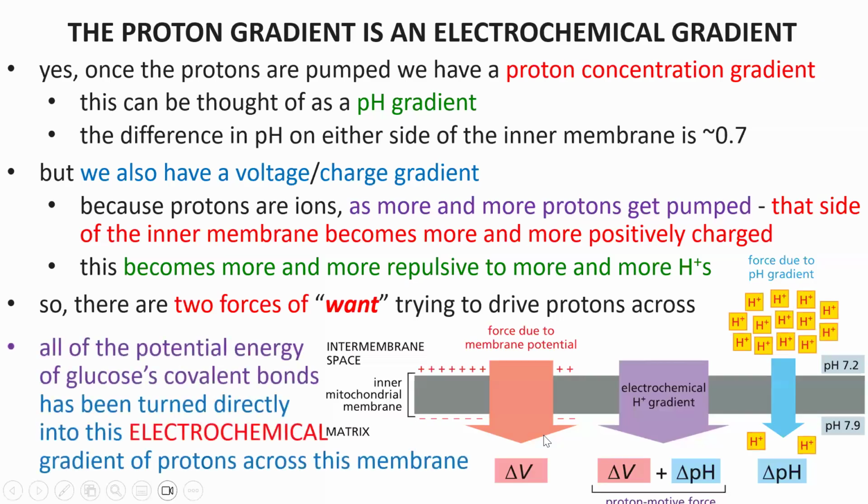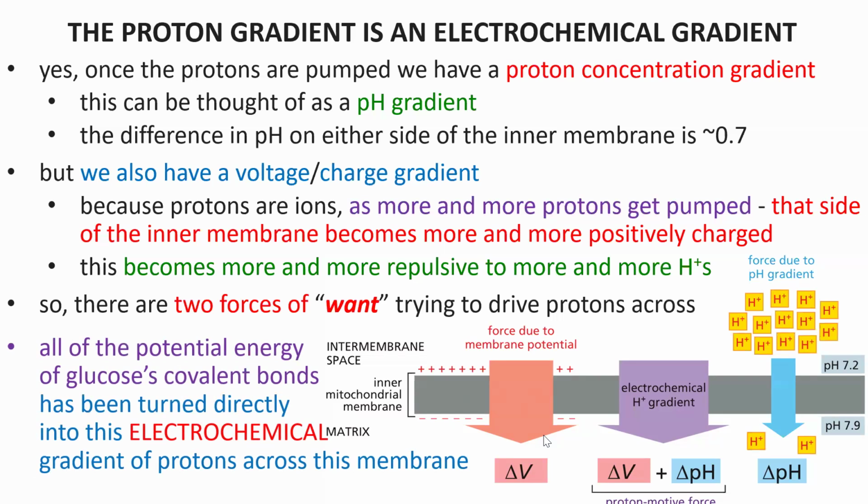Whenever we have these two forces of want, one charge and one concentration, we call that an electrochemical gradient. The chemical gradient refers to the concentration gradient, and the electro, of course, refers to the charge. Electrochemical gradients play a huge role in the nervous system, except they're gradients of sodium and potassium and chloride rather than a gradient of protons.